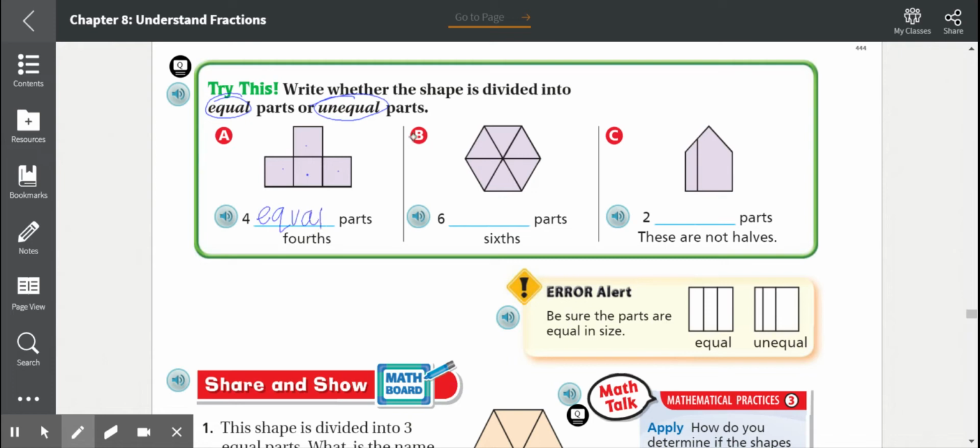Look at part B. We have 1, 2, 3, 4, 5, 6 parts. Are they equal or unequal? If you're thinking equal, you're right. Look at part C. There's 2 parts here, but are those equal? No. So these are 2 unequal parts.